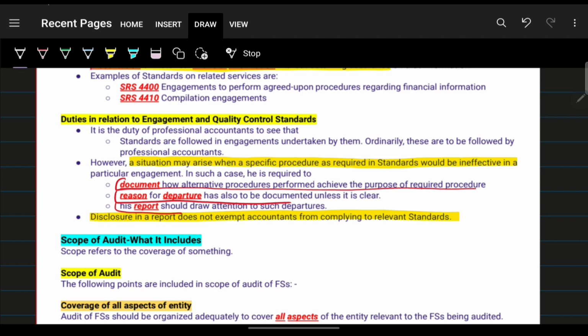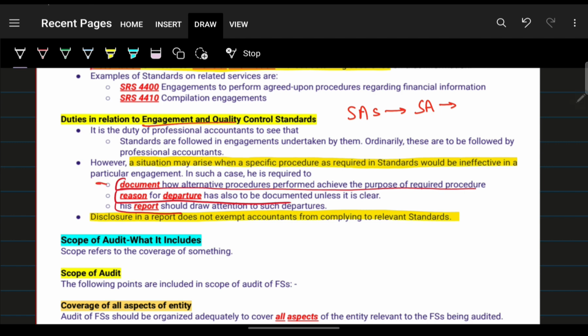Duties and quality control standards. Now, are SAs completely mandatory? Yes, you have to follow the SAs, but in certain cases where the SAs would be ineffective, or if you have a better standard or procedure on which you can perform the audit, you can deviate from the standards on auditing.